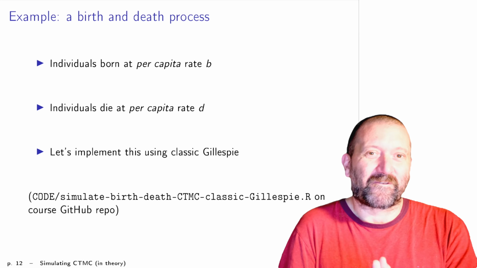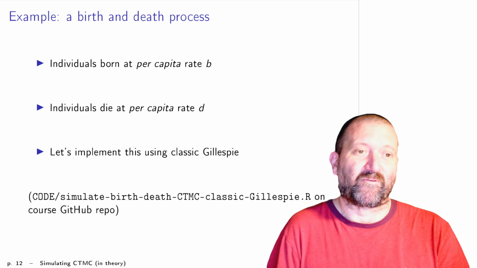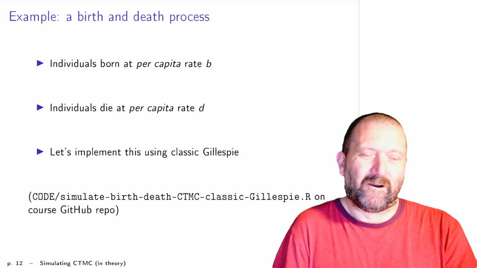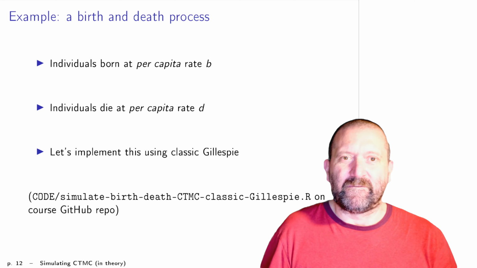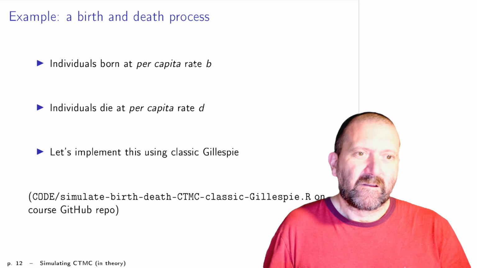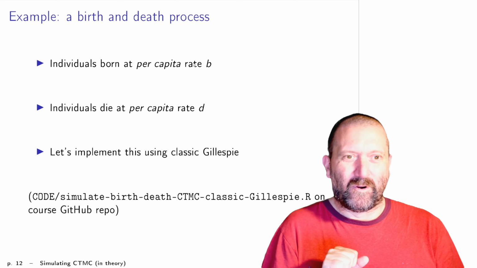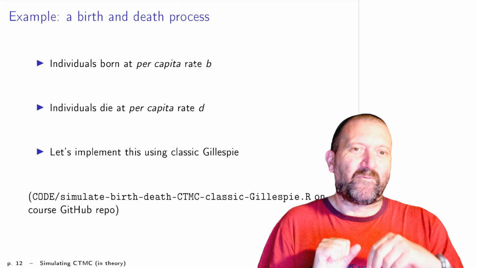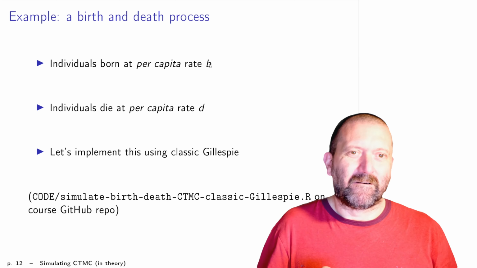So what I'm going to illustrate is a birth and death process, essentially the simplest process that you can think of in terms of modeling the dynamics of a population. I'm going to have individuals that are born at a per capita rate b. So if n of t is the number of individuals, then n prime of t is going to increase as b n of t.